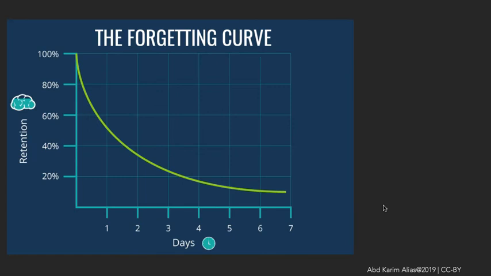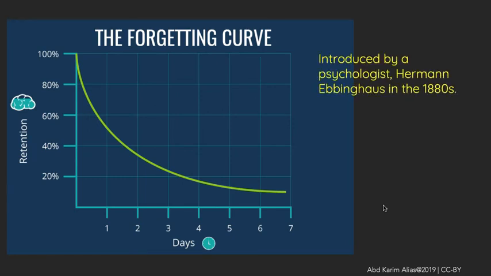Well, in the 1880s, a psychologist by the name of Hermann Ebbinghaus pioneered a landmark research in the field of retention and learning. He observed what he called the forgetting curve, which is a measure of how much we forget over time.